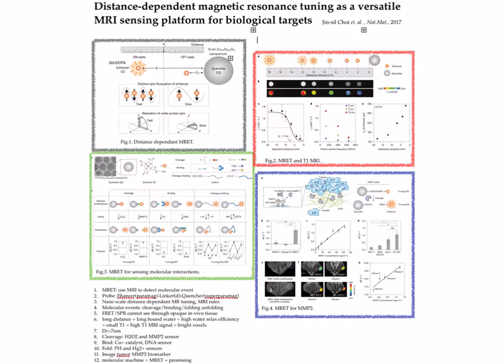That is because when they are far away, there is more bonded water around the gadolinium, and the gadolinium can relax T1 very fast. That means the relaxivity coefficient in the Z direction is bigger, and it recovers the Z direction magnetization very fast, so in the T1 image you will see it is quite bright.